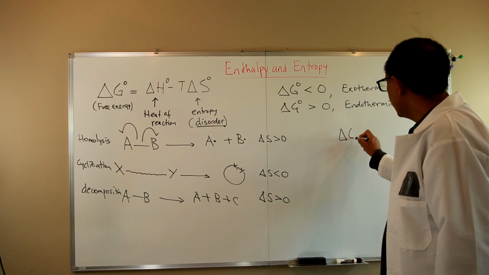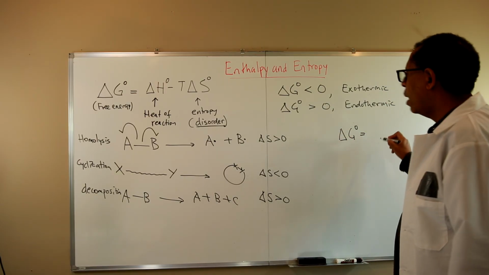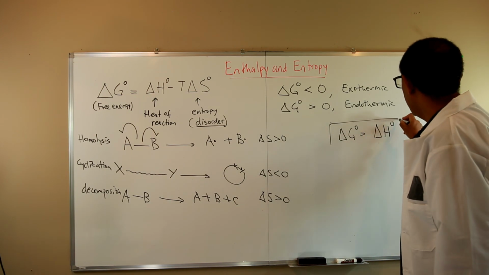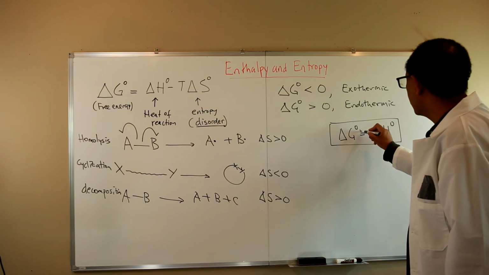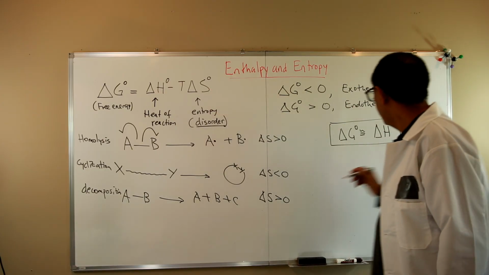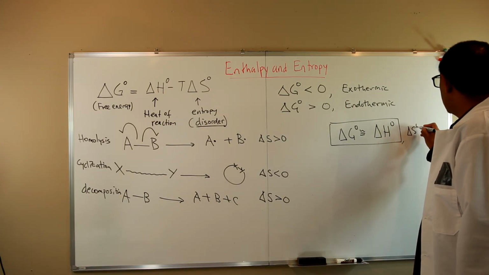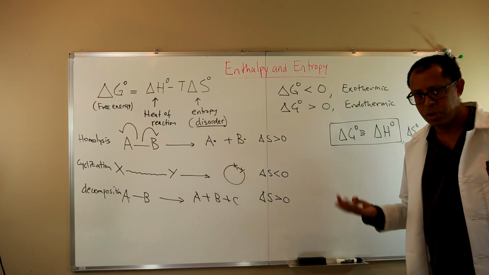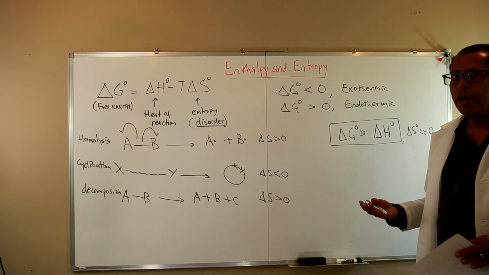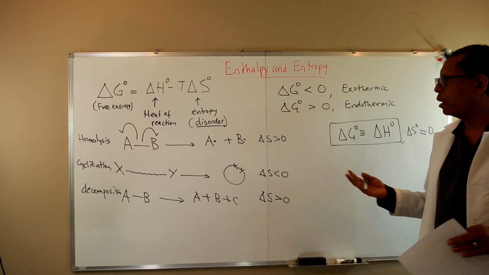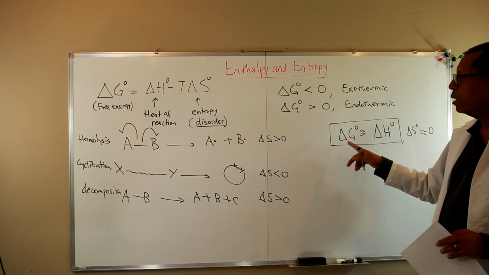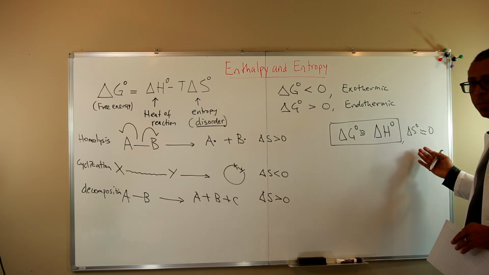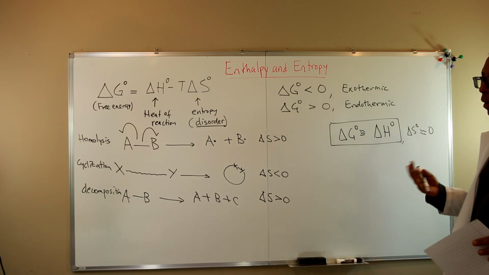So delta G, free energy, can be equated approximately to delta H, the enthalpy, because we can assume delta S to be close to 0. In most cases, we can assume this and simplify our calculations or our thinking of a reaction. Sometimes we can directly equate free energy with the enthalpy of a reaction if we assume the entropy of that reaction is not very significant.